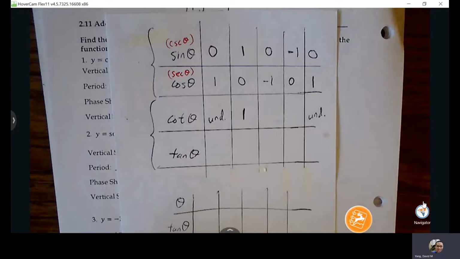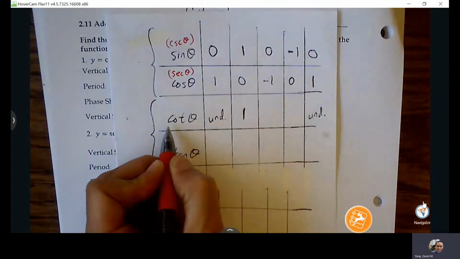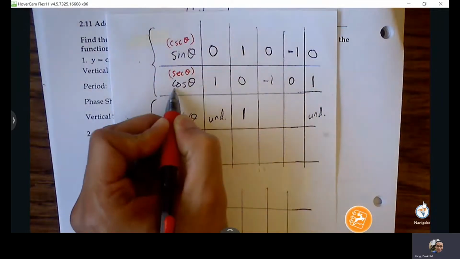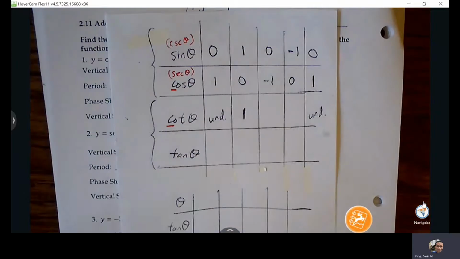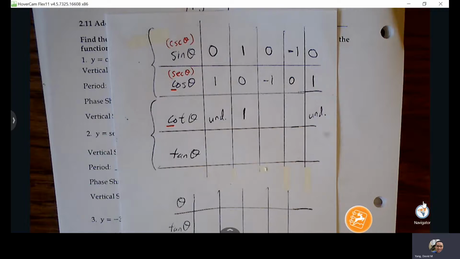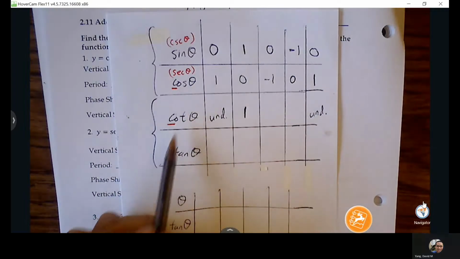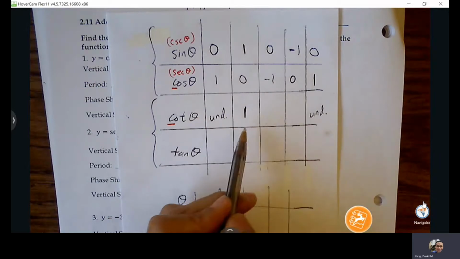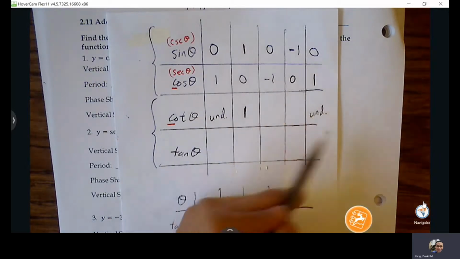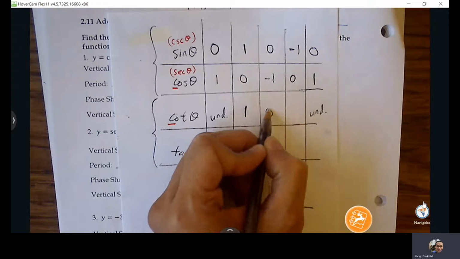Something that may be helpful is cotangent and cosine both start with C, so they both start at the same height, at 1. So maybe that will help you remember the difference between cotangent and tangent. But cotangent only has negative slope, so it starts high and goes low.